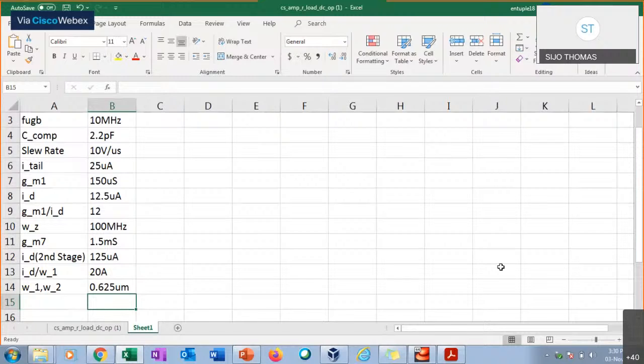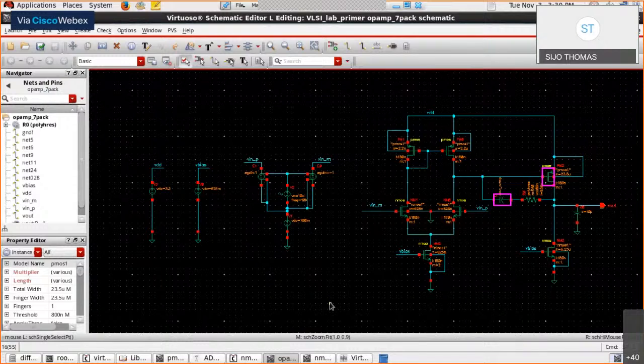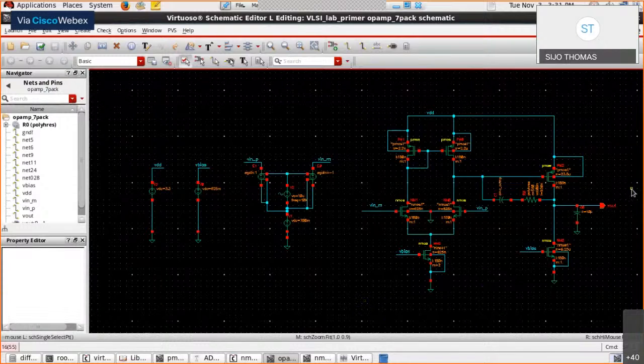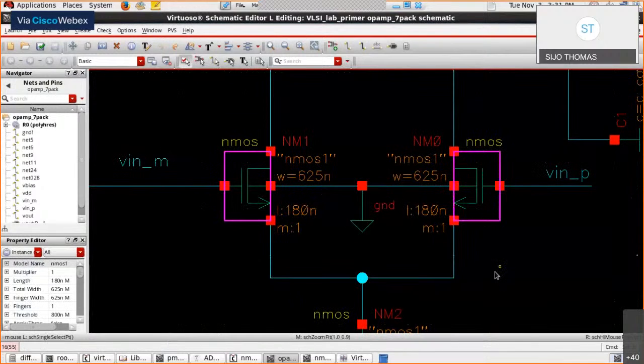Now we have another MOSFET. If you look at the schematic of the 7-pack op amp, we got the value for M1 and M2, the input transistor width, from the curve of current density across gm/ID as 0.625 micrometer.